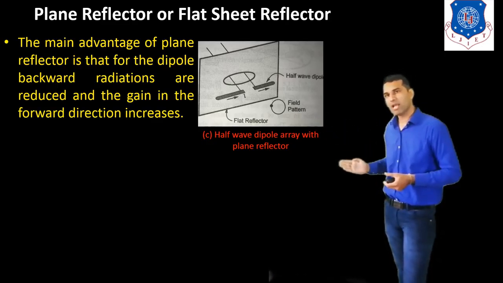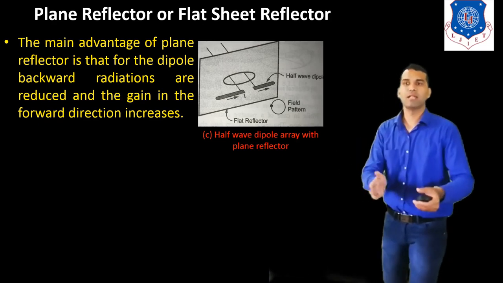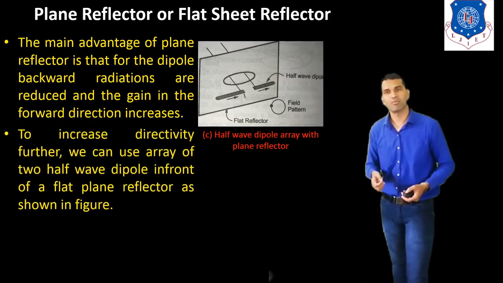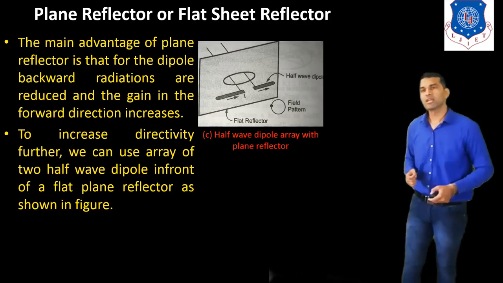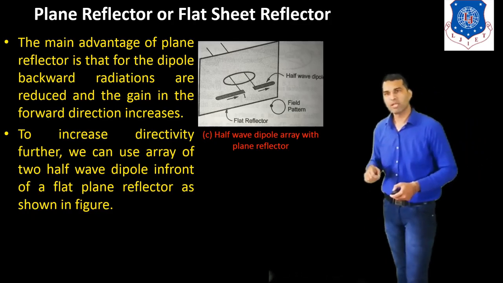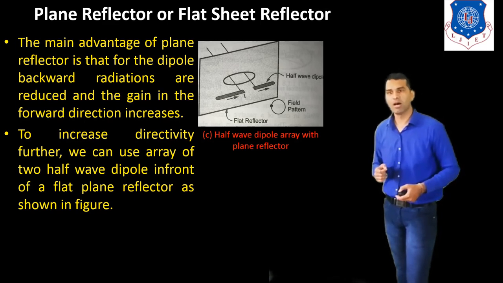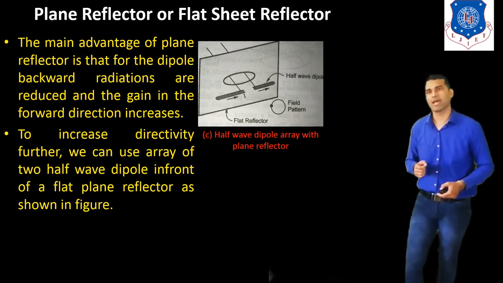We can reduce the backward radiation by using this reflector, and increase that energy on the front side, so we increase the gain in the forward direction. To increase the directivity further, we can use an array of two half-wave dipoles in front of the flat plane reflector, as shown in the figure.